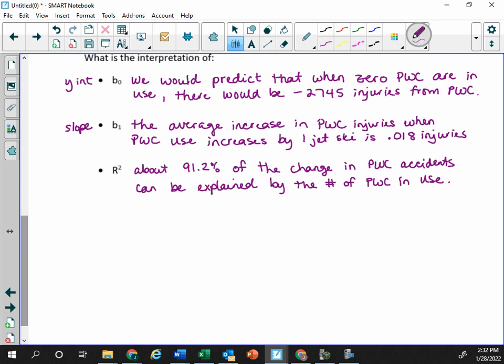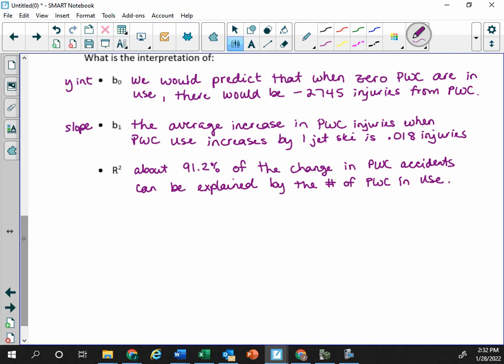So 91.2% of this being explained by it is a pretty strong correlation between the two variables. Yes, that's exactly what it's talking about. You have the association between the two variables, and it's saying what percent can be explained by what.